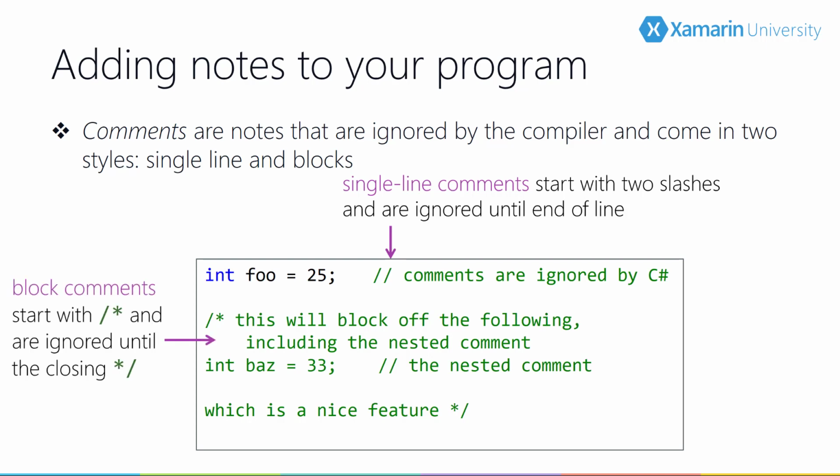The way that you create that is you have an opening set, which is a /*, and a closing one, which is a */. Everything in between will be a comment, and it will be ignored by the compiler. And finally, you can nest comments as well. This is common to see when you have a single line comment and then you use a multi-line comment to comment out a large piece of code that has that single line comment.